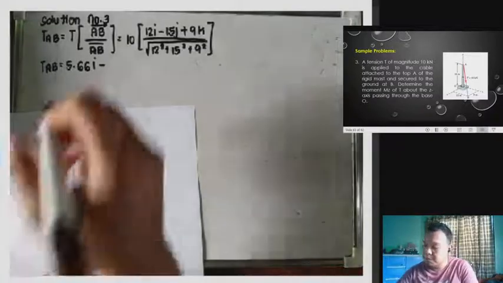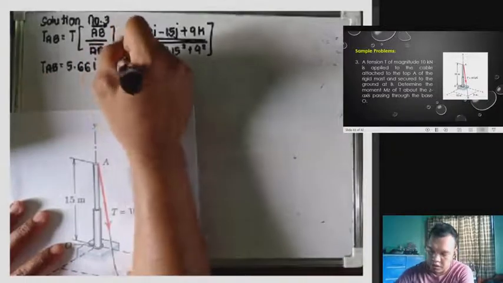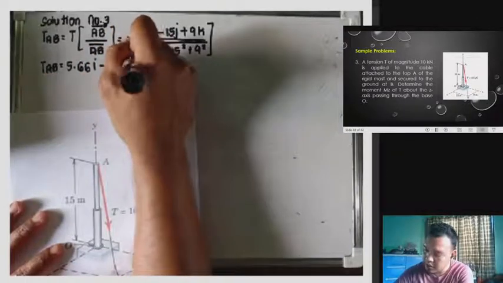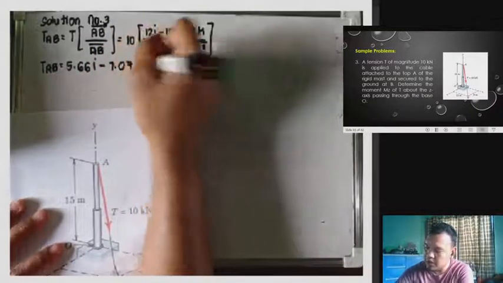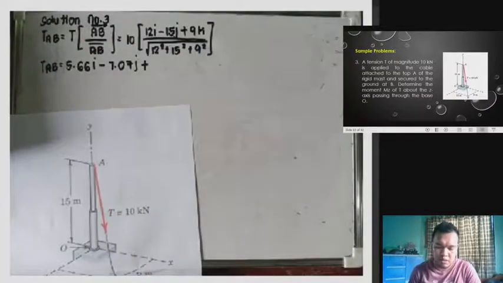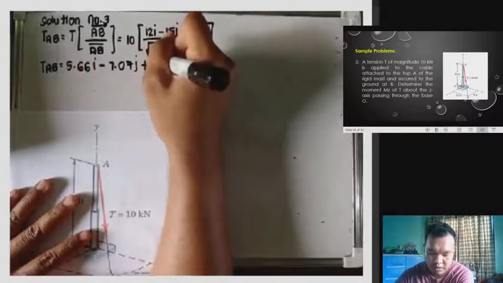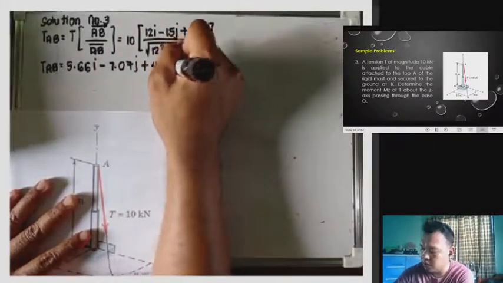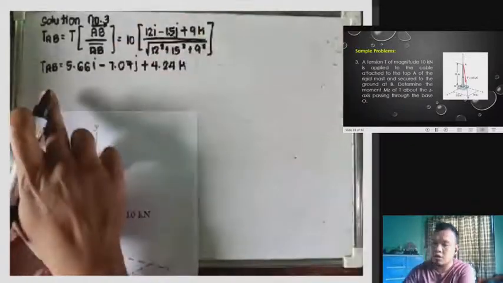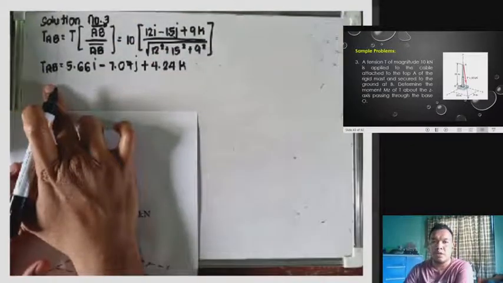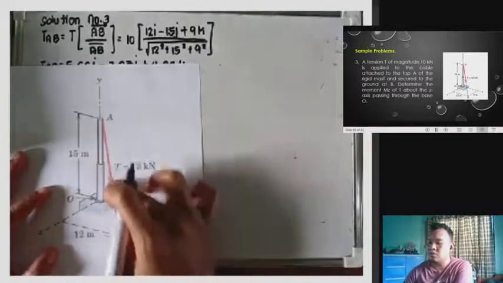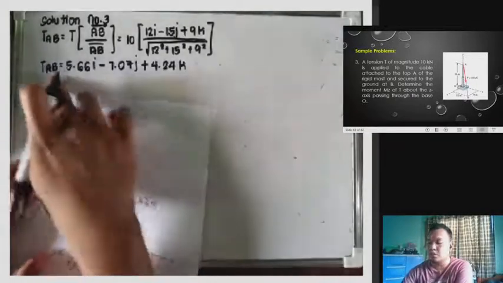So we have here negative 7.07 J plus 10 times 9 all over the square root ni 12 squared plus 15 squared plus 9 squared. So we have here positive 4.24K. So the value of tension AB, yung tension natin ito na naka vector component is ito po, no?